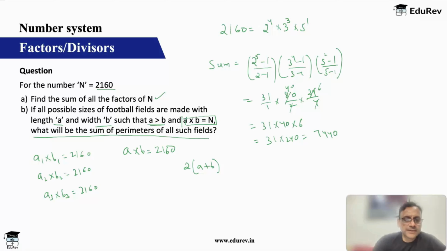Then the sum of the perimeters of all such fields will be 2 times A1 plus B1, plus 2 times A2 plus B2, plus 2 times A3 plus B3, or I can take 2 out. It is A1 plus A2 plus A3 plus B1 plus B2 plus B3, right? And these are nothing but the sum of factors.